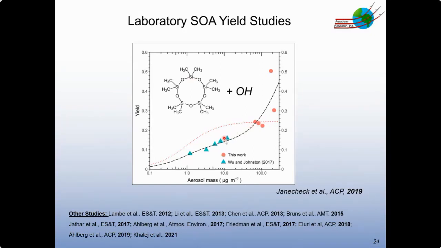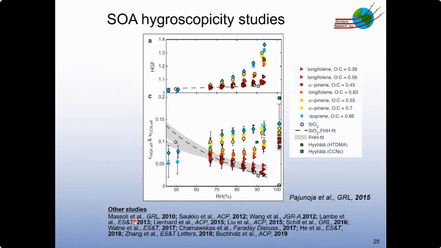And you can see that as a function of oxidant exposure and precursor concentration, you can approach relatively high mass yields with this precursor. And many other conceptually similar studies have been done with OFRs.